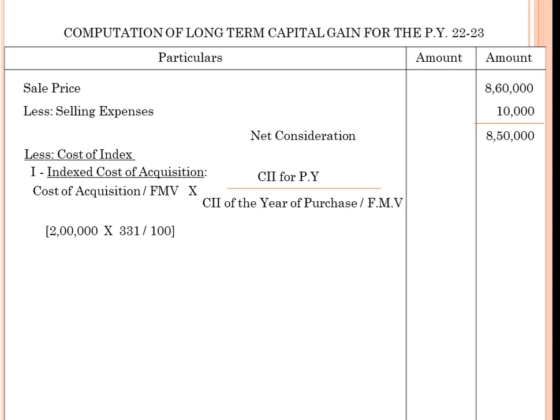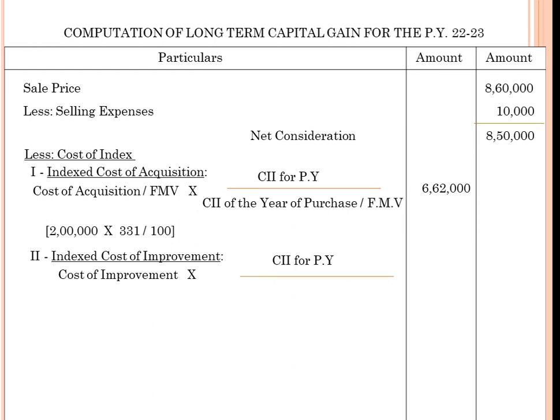So 2 lakhs into 331, that is the CII for the previous year, divided by the base year 2001, 100, and the value is 6,62,000. Indexed cost of improvement: the formula is cost of improvement into CII for the previous year divided by CII for the year of improvement. So 60,000 into 331 divided by 113.